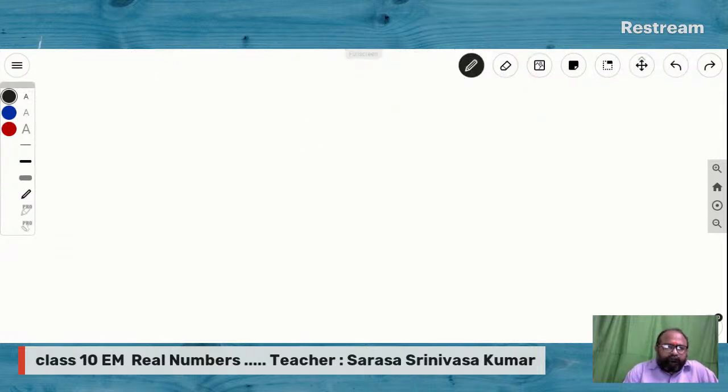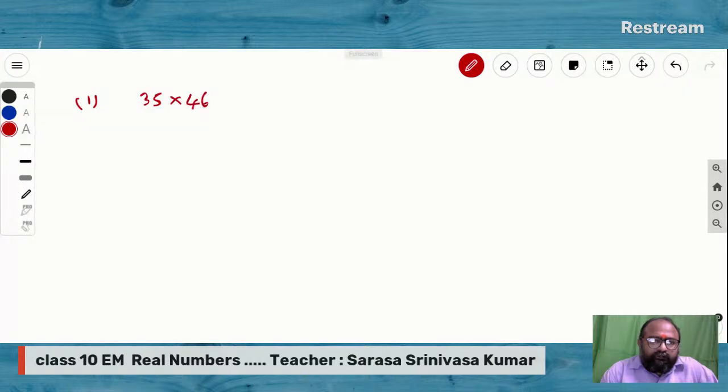The first problem: 35 multiplied by 46. So here x equal to 35, y equal to 46.